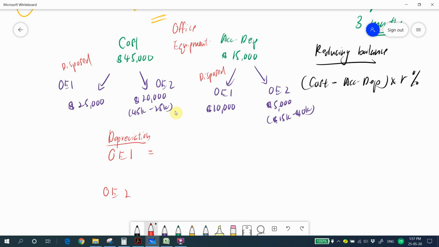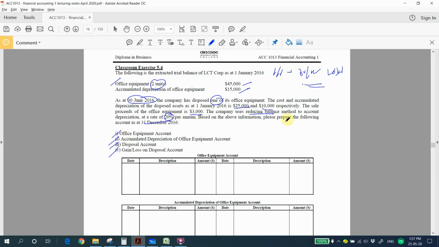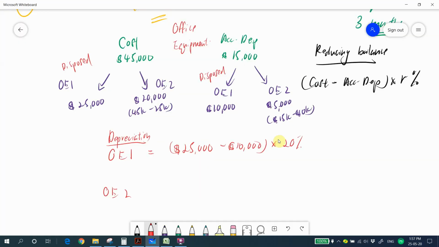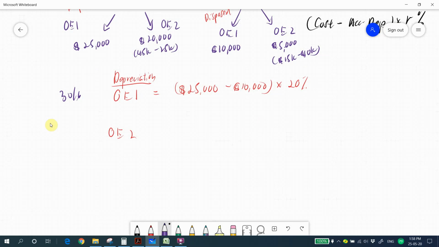So for office equipment 1, the cost is 25,000. The accumulated depreciation is 10,000. The rate is 20%. And this asset we use up to 30th June only, so we need to draw a timeline.